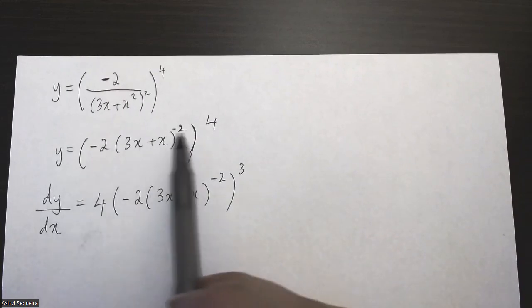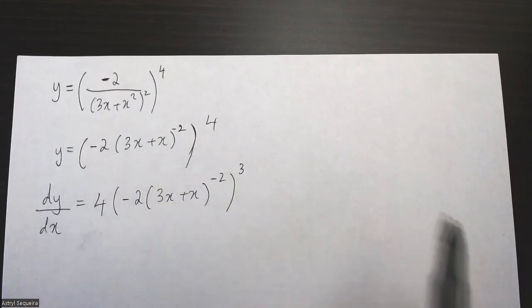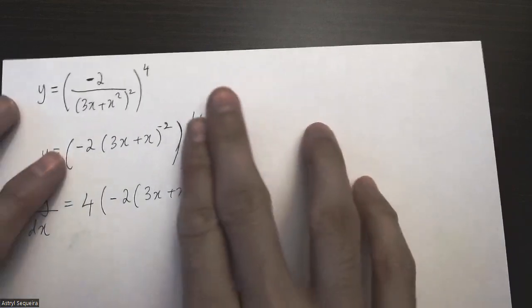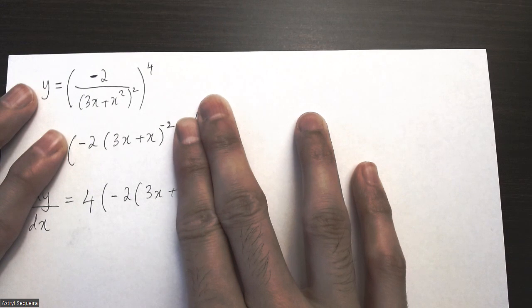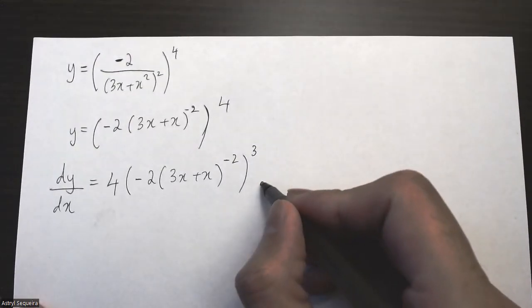Then I want to multiply by the derivation of the inside of the bracket according to chain rule. Basically, pretend like this whole thing here doesn't exist and we're deriving the inside. We want to multiply by that over here.